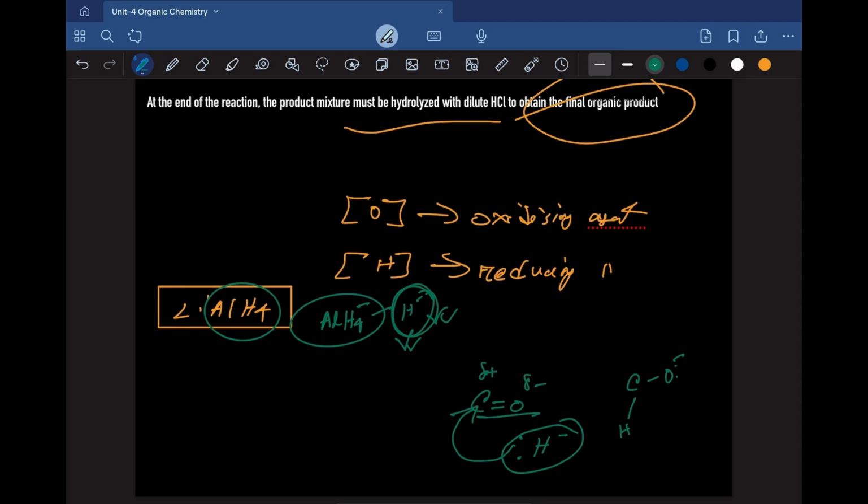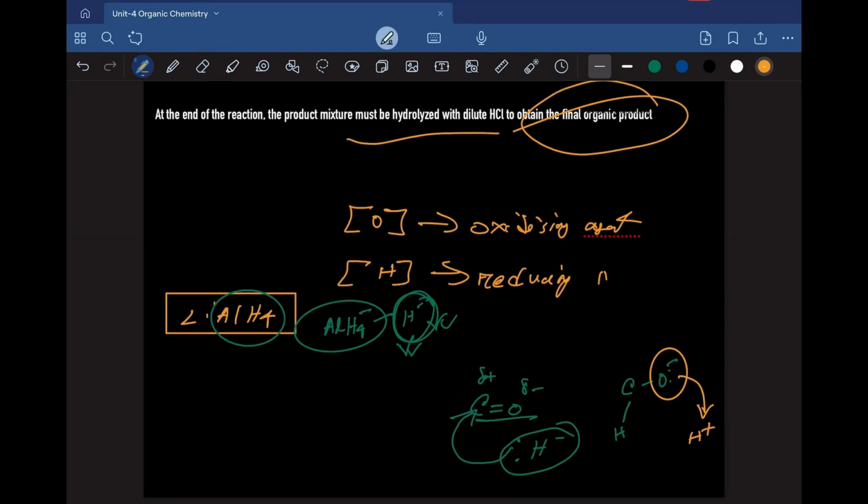Now there are also H plus ions as well. There will be some H plus ions, and the oxygen with its lone pairs of electrons will attract them. As they attack, this becomes like this. The carbon will be bonded with a hydrogen, and the O will be attached with an H to form OH.